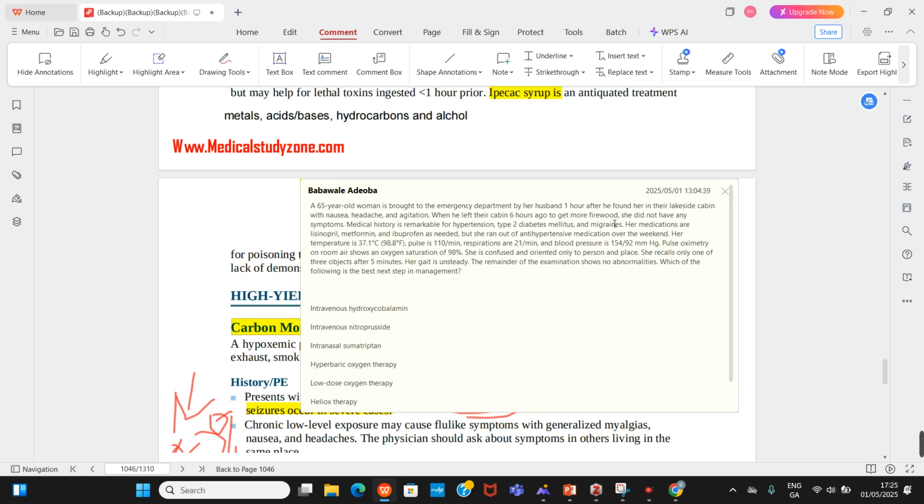She's confused, oriented only to place and person. She recalls only one of 3 objects after 5 minutes. Gait is unsteady. Remainder of the exam shows normality. Which of the following is the best next step in the management? Anybody?